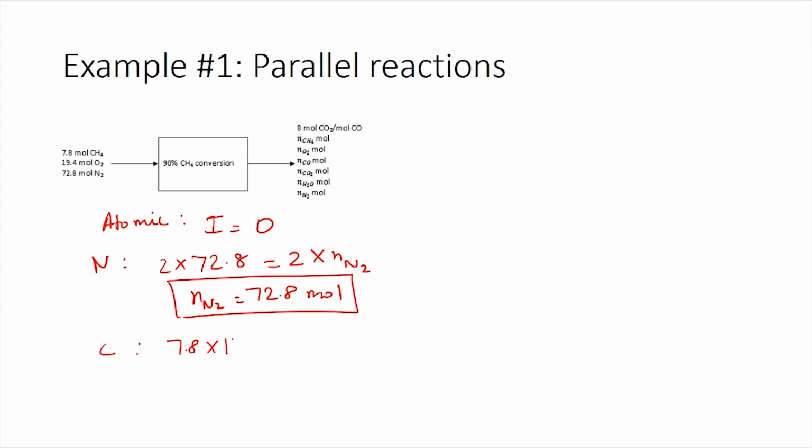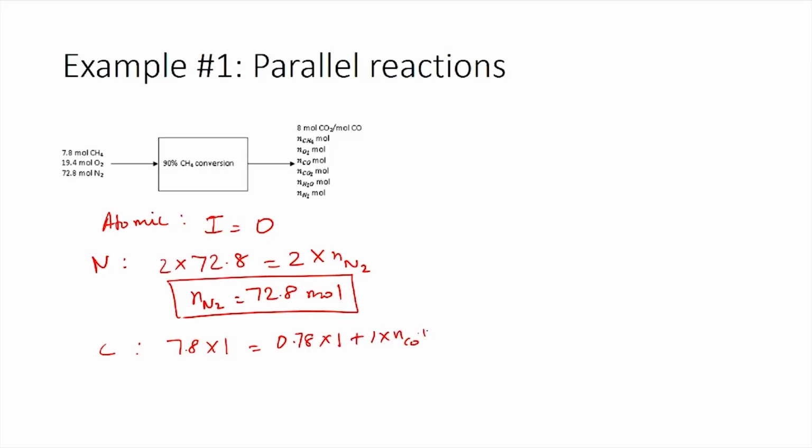So, 7.8 times 1 is equal to the number of atoms of carbon which is leaving the system, 0.78 times 1 in the form of methane. We know this because we have 90% conversion of methane.